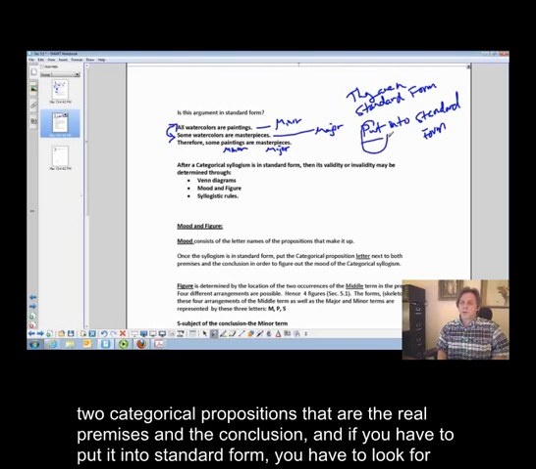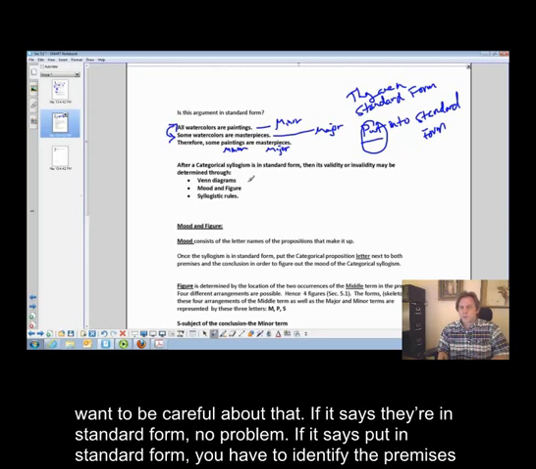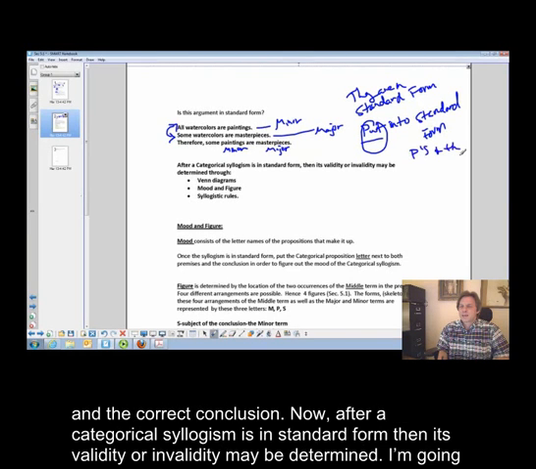And if you have to put it into standard form, you have to look for indicator words. So you may have to revisit those concepts from chapter 1 where you identify premises and a conclusion. So be careful about that. If it says they're in standard form, no problem. If it says put in standard form, you have to identify the premises and the correct conclusion.